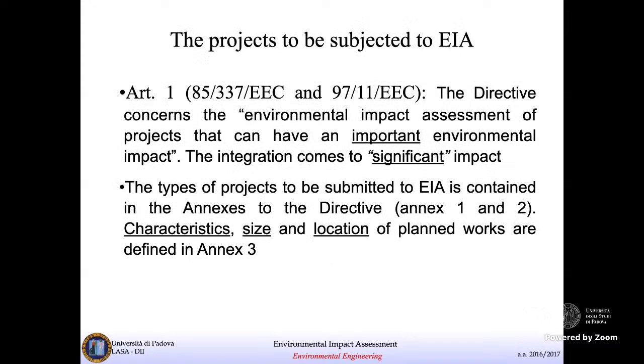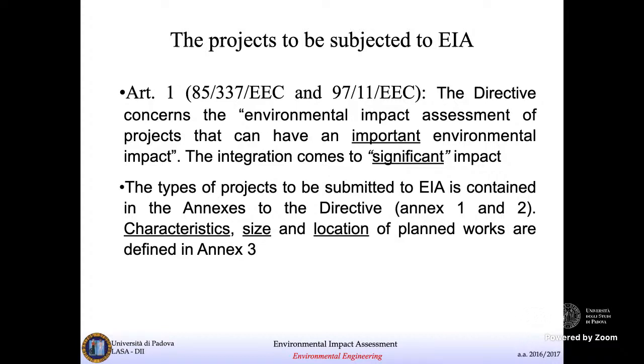So, which are the projects to be subject to the environmental impact assessment? It was an indication seen in the directive number 337, 1995, and also the directive number 11 of 1997. The directive concerns the environmental impact assessment of projects that can have an important environmental impact. So the integration of 97 comes to changing the concept of important to the concept of significant.